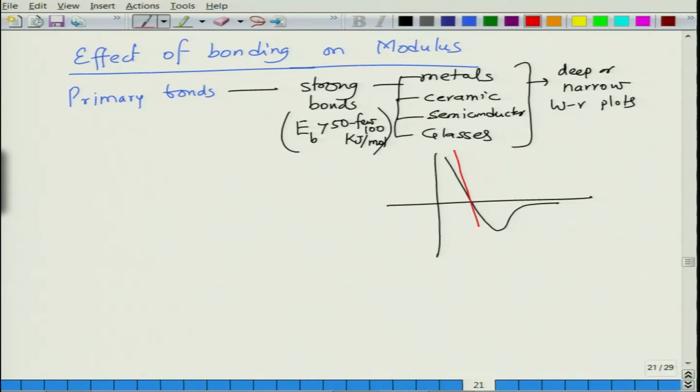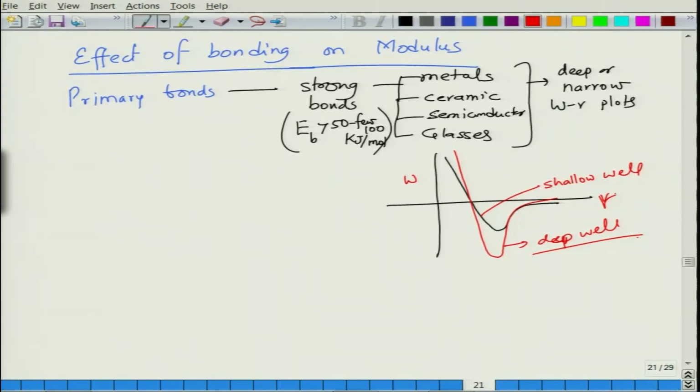This is a shallow well, and this is a deep well. You can see that this leads to a change in the slope as well as the curvature. So, this is WR.